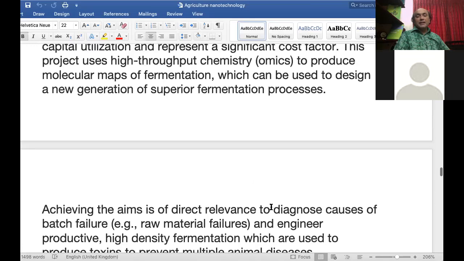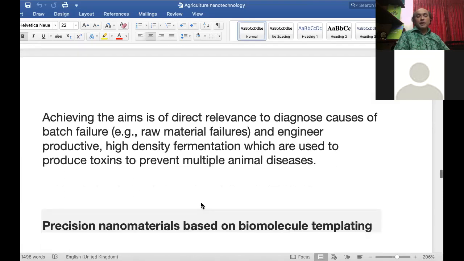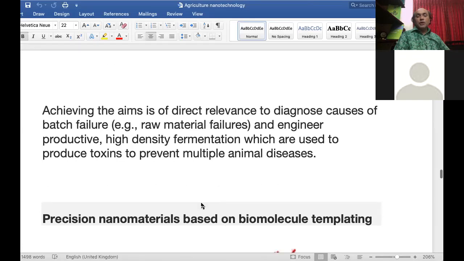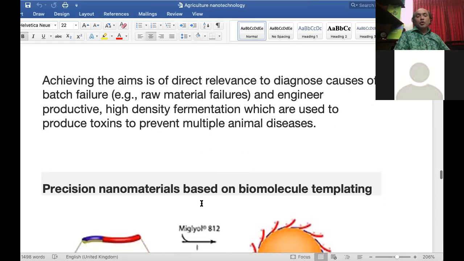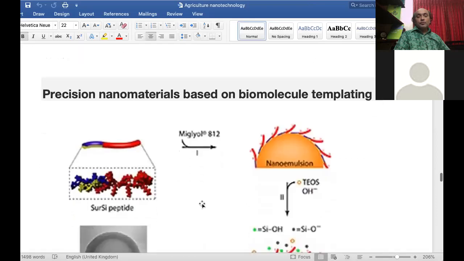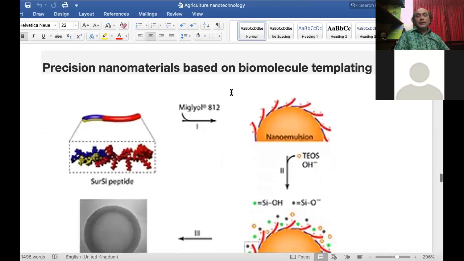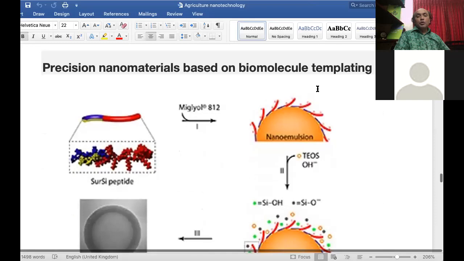So this is a fundamental insight into how high throughput chemistry and system biology can improve fermentation technology for achieving higher efficiency in fermentation to produce economically valuable products. So precision nanomaterials based on biomolecule templating.